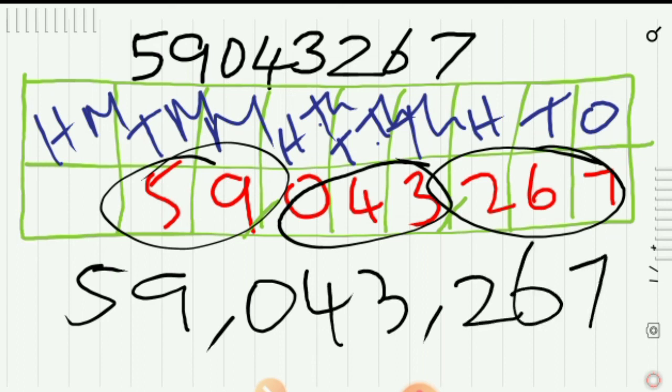How to read this number? How many millions? 59 millions. So 59 million 43,267. This is the international number system. Do you understand the difference between the Indian number system and the international number system?